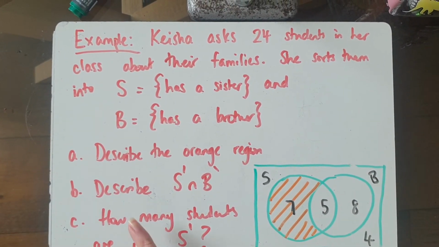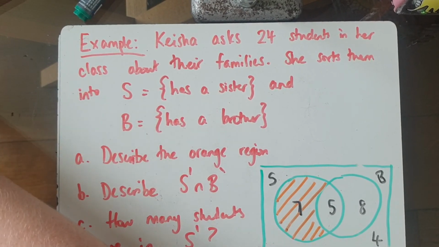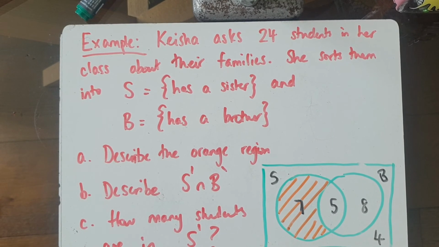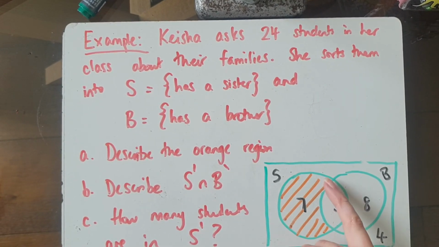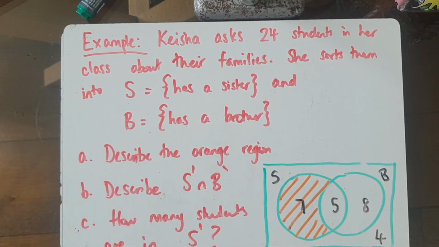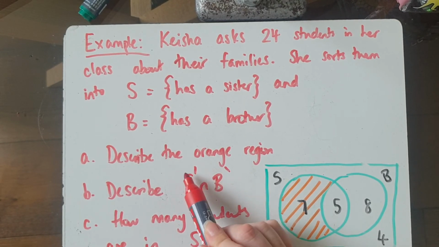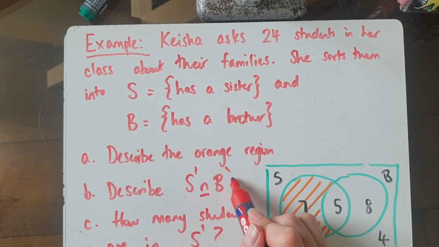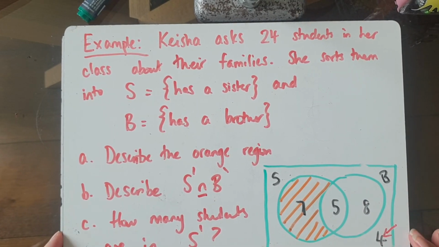Okay, so the next one, describe not S intersection not B. So not S, so it can't be any of this circle. Intersection not B, so it can't be any of this circle. So that must be students who don't have a sister and don't have a brother, and that will be 4.